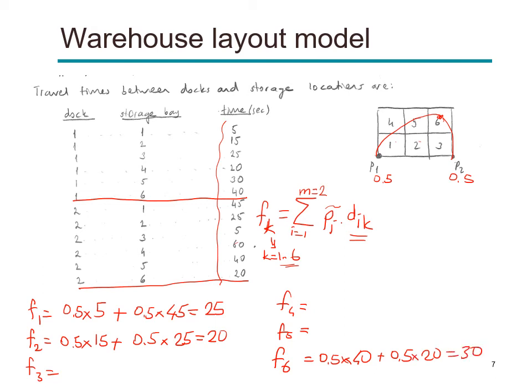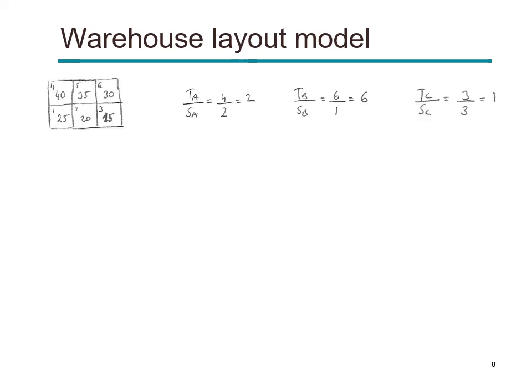So you need to calculate the remaining ones. Please, as an exercise, calculate F3, F4, and F5 by yourself. So these are the calculated values: F1, F2, F3, F4, F5, and F6. In our objective function, we also have, remember, Tj divided by Sj.